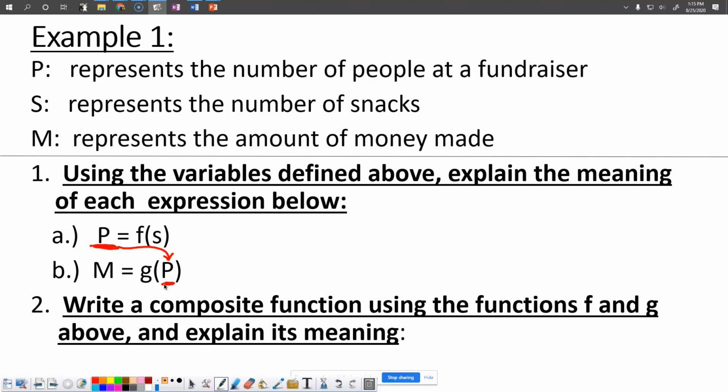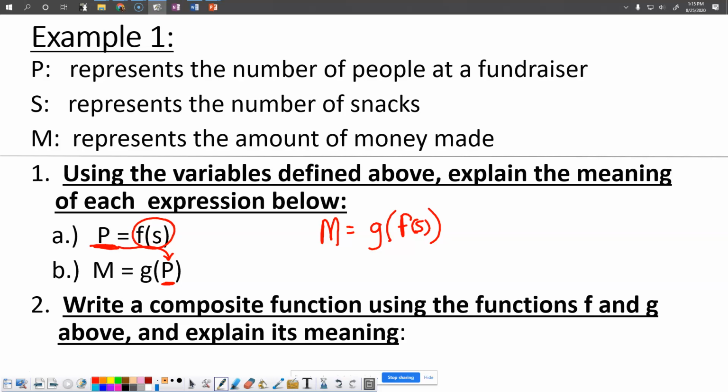And so what we can do is replace p with f of s. So what that's going to look like is this. M equals g of, not p, but f of s. F of s equals p, so I can replace it with that. All right?